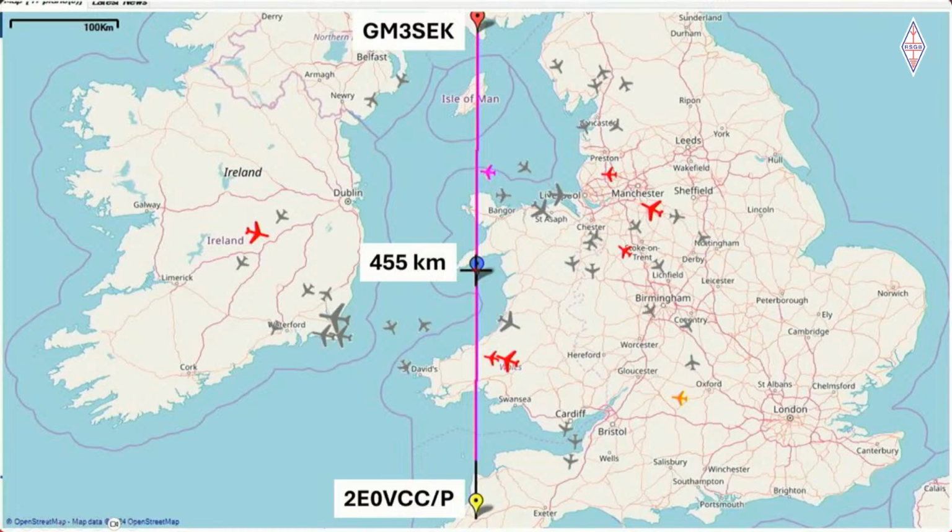Distance is about 455 kilometres, but it's not an easy path because it's quite obstructed. Coming up from the south, you have the Preseli Mountains, drop into Cardigan Bay, Llyn Peninsula, then the edge of Anglesey, up into the Irish Sea, and then the Isle of Man.